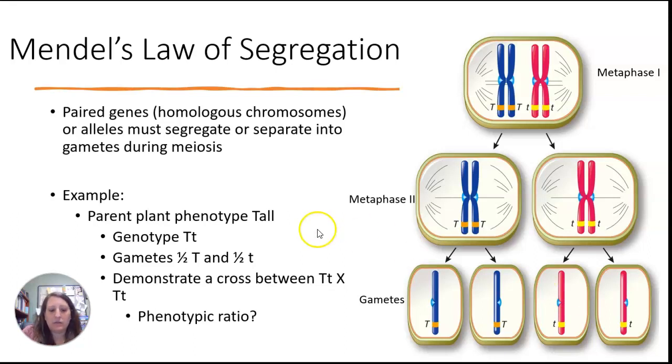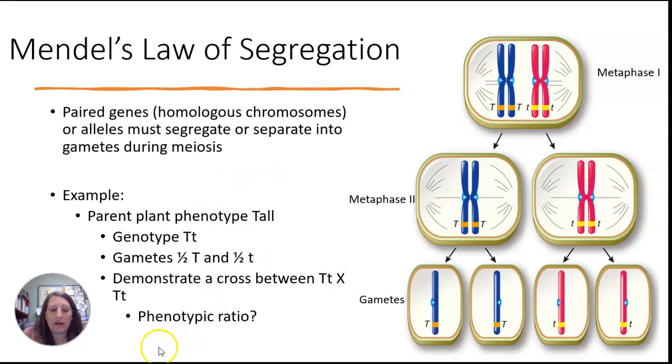So I want you to quickly demonstrate a cross between 2 heterozygote individuals. And by now you might say, I don't even have to do the Punnett square, I already know the ratio. If you need to do the Punnett square, take a minute to do that.